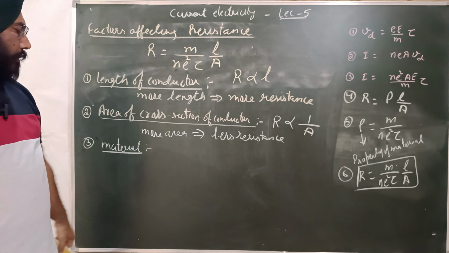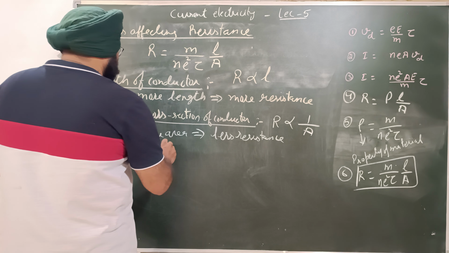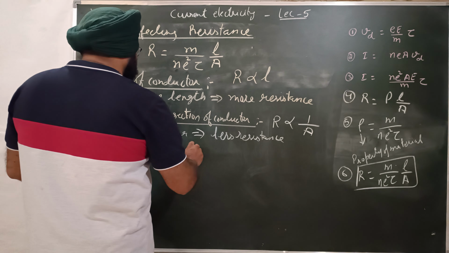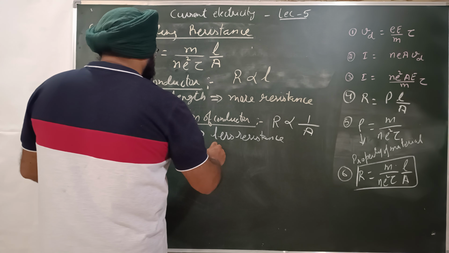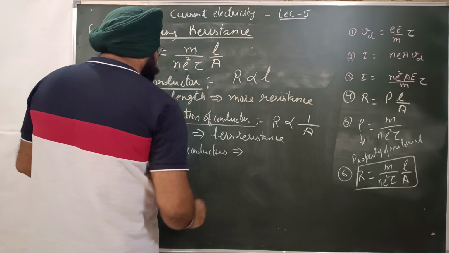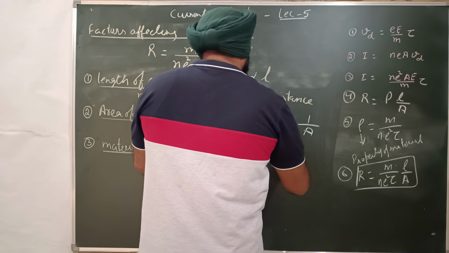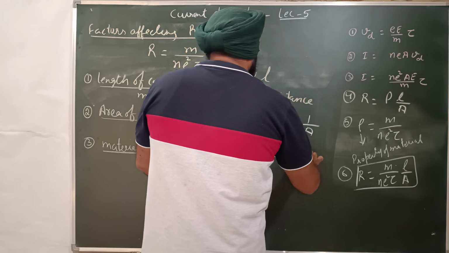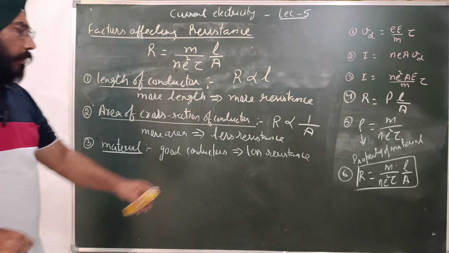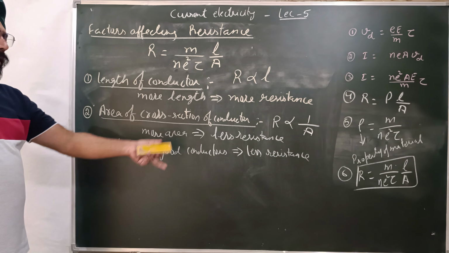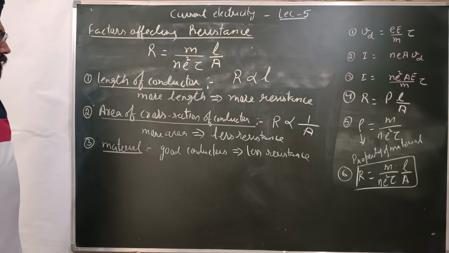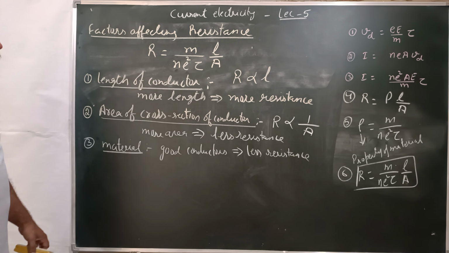Good conductors will have less resistance; it is the property of the material. Bad conductors will have more resistance. You can make a note of this.